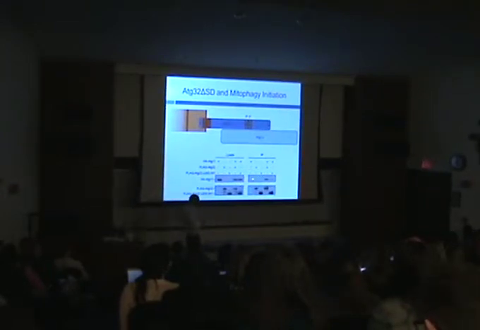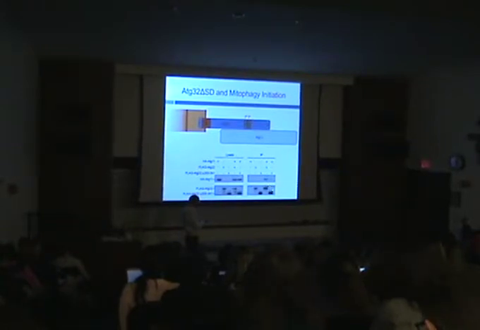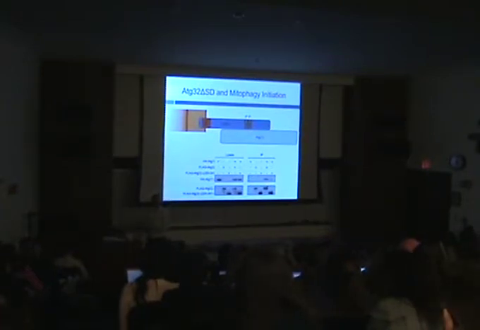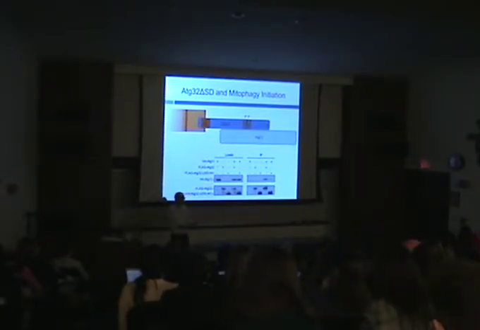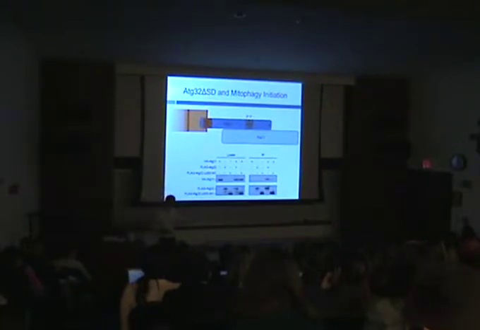If we don't have any AGG11, obviously we can't pull that down. We just see the 32. And then if we now express both, we see a strong interaction here, but a largely reduced one when we delete our structured domain. So at this point, we felt pretty confident that this domain that we identified was absolutely required, and that it functioned pretty early in whatever the protein is doing, and was pretty much required for everything else after.